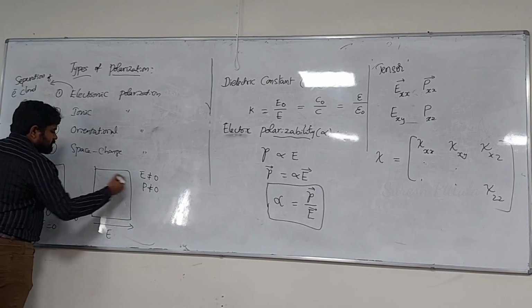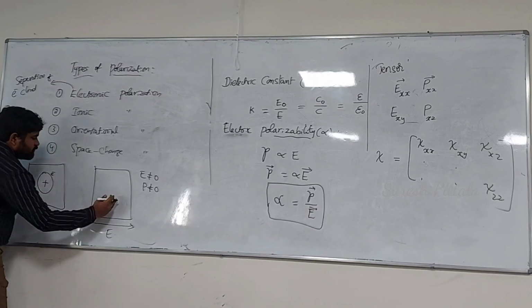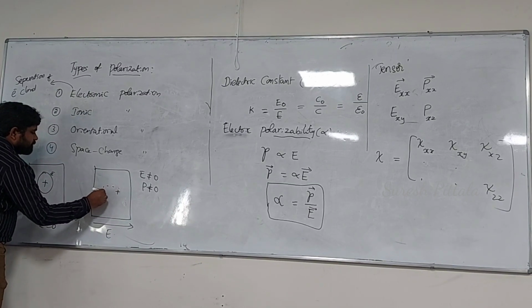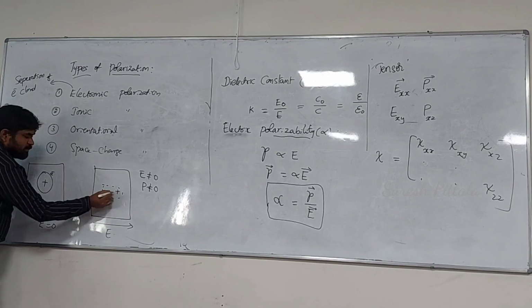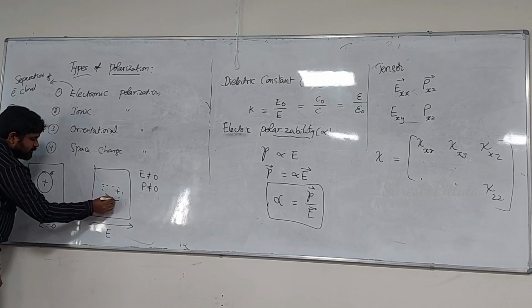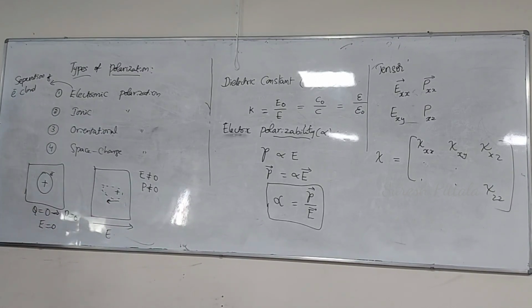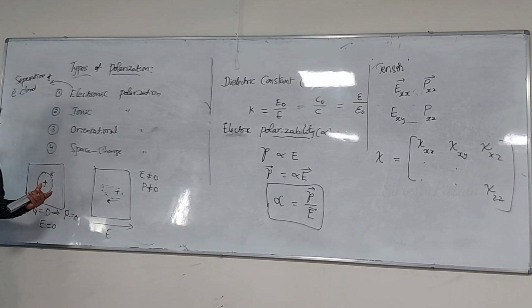After application, the positive charge moves to this side, and the negative charge moves to that side. So there is a separation between them, and a small p is there inside. This is the electronic polarization.